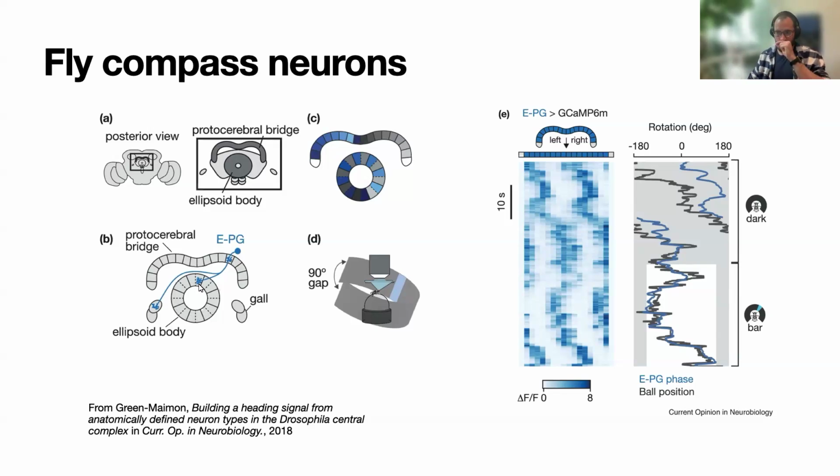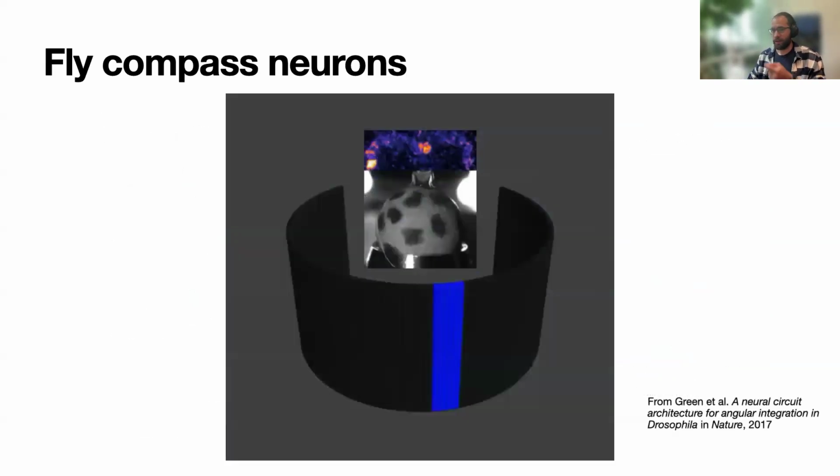And it's been beautifully shown that this collection of neurons is responsible for tracking the heading of the fruit fly. How do we know this? I'll show you a video. What they've got is a fruit fly suspended on a little stick, lowered onto an air suspended sphere, a little ball.